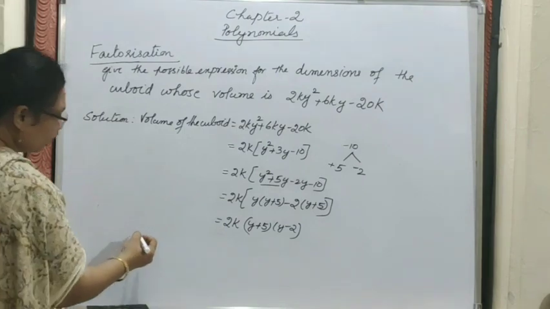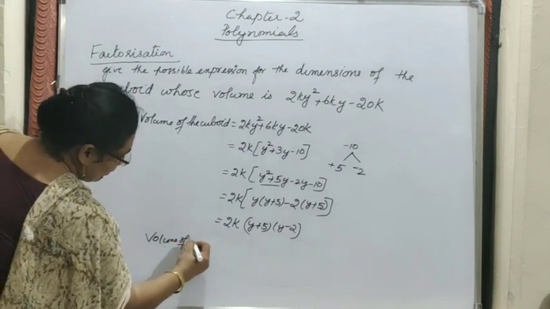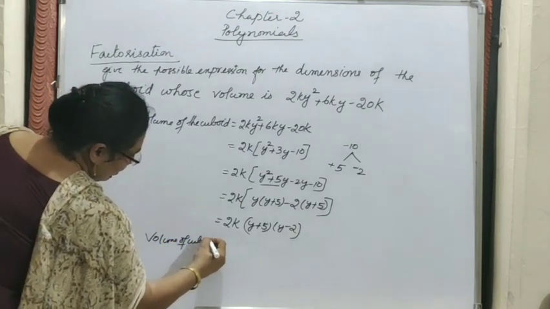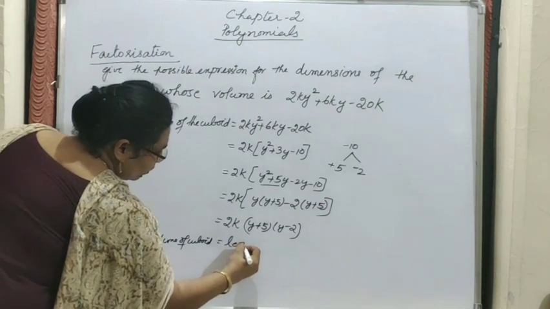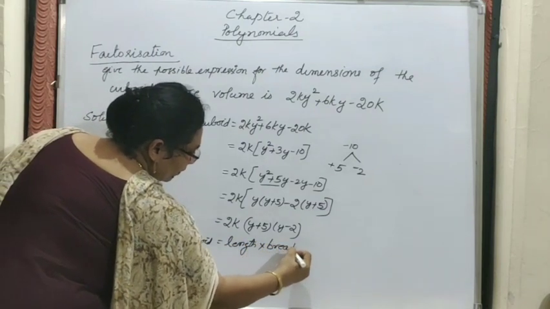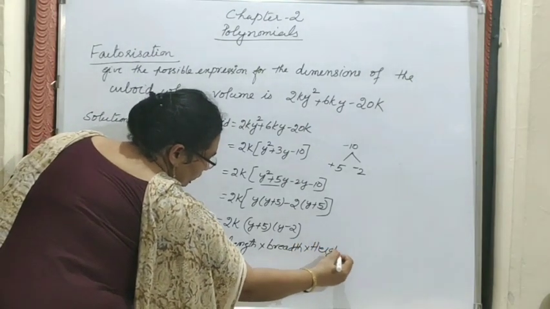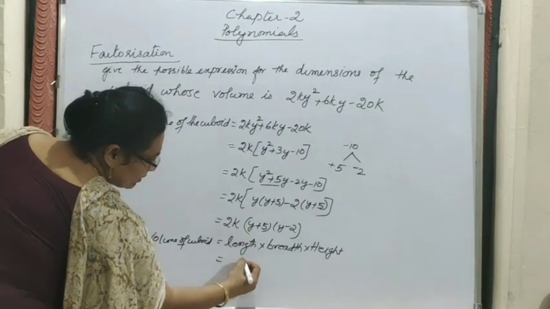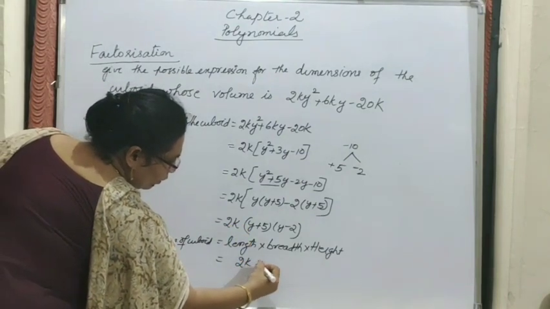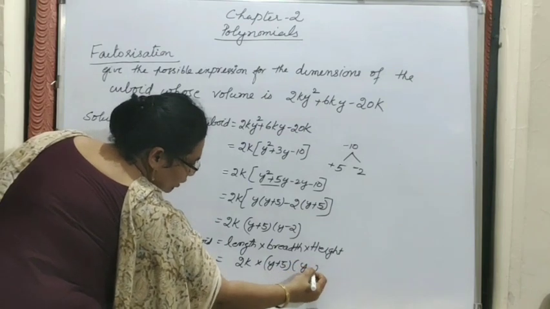So the volume of the cuboid means length into breadth into height. So we can take it as 2k into y plus 5 into y minus 2.